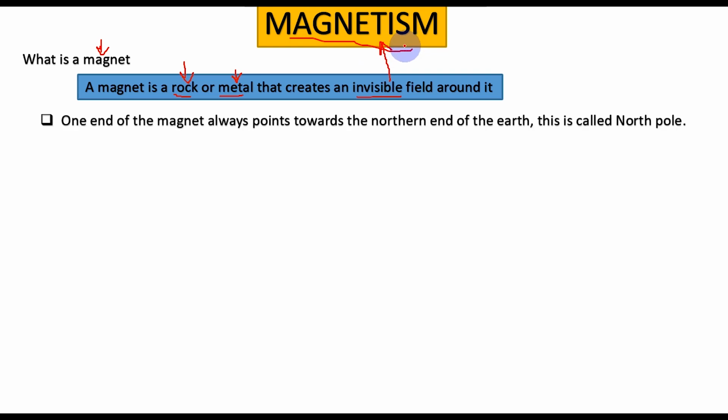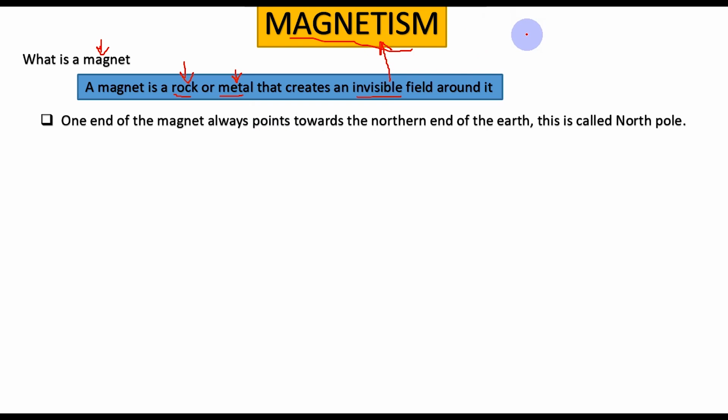Now, having looked at that, we want to look at the parts of a magnet. When you look at a magnet, it has two parts, or two ends, I would say. One end faces towards the northern part of the earth.